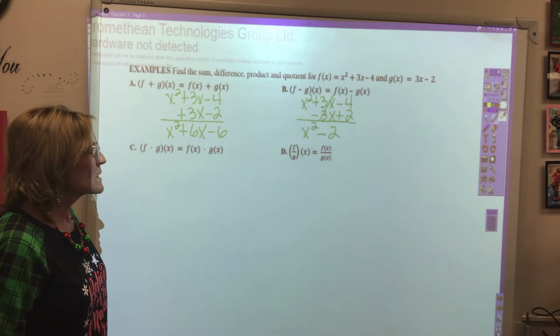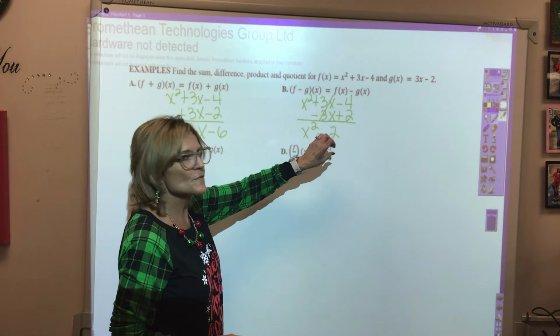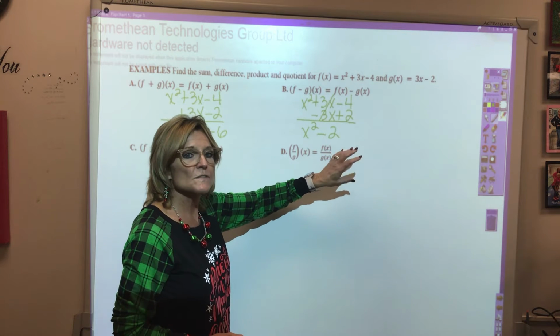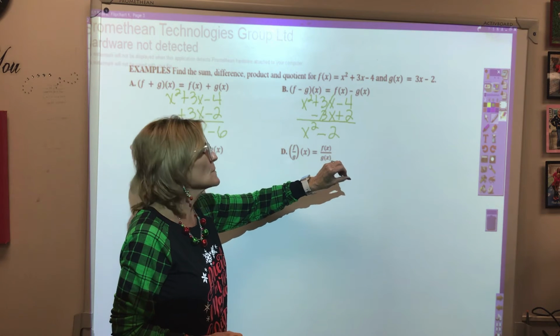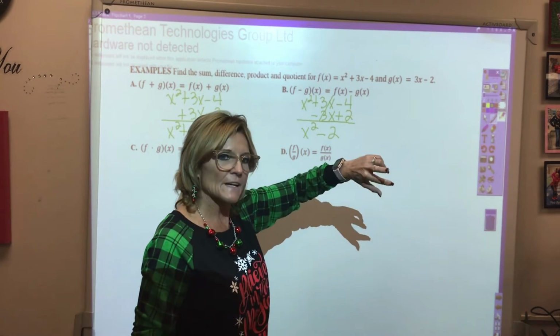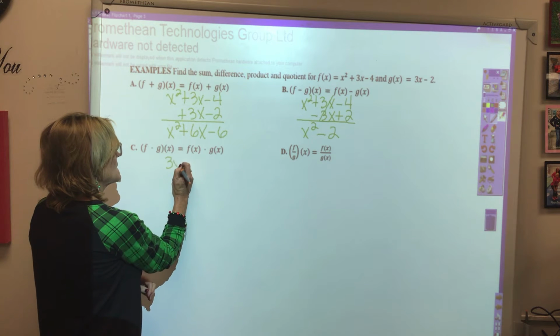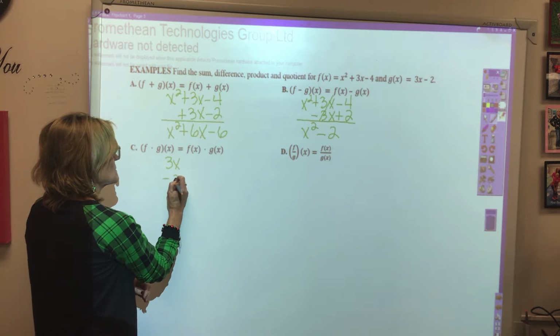Now when we multiply, since g of x has fewer terms, we're going to use the distributive property, but I'm going to take the g of x and stack it. So I'm going to write it as 3x minus 2.